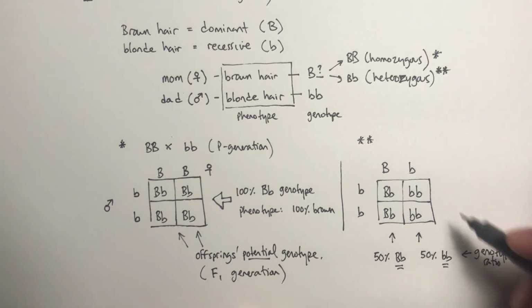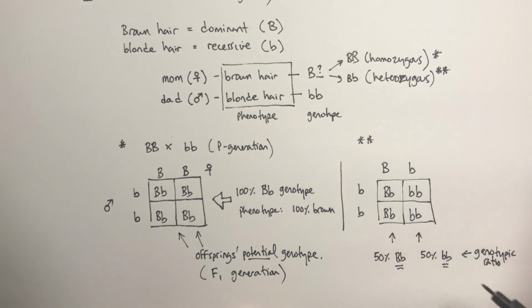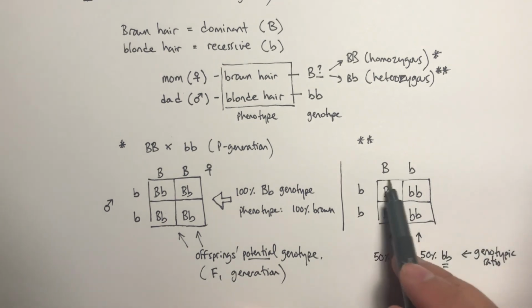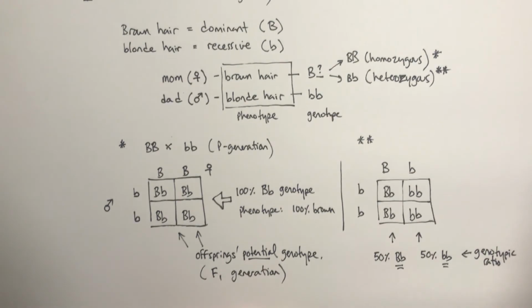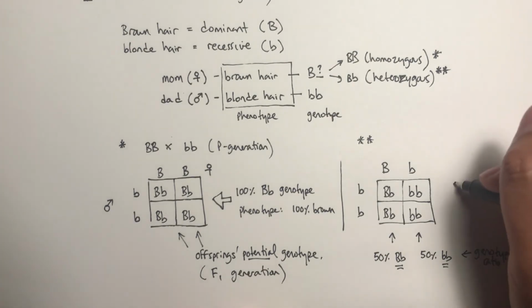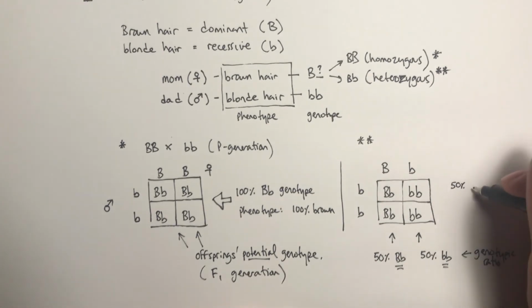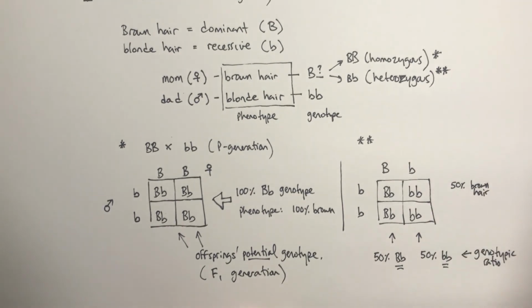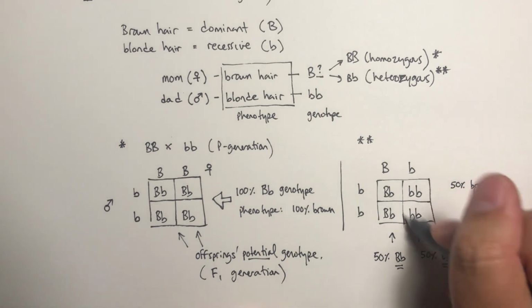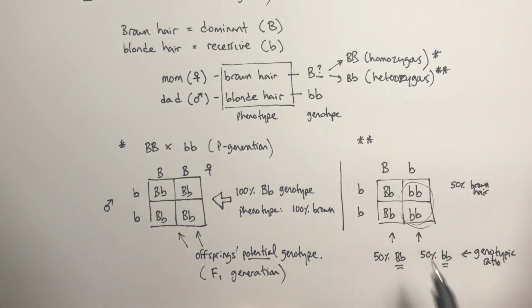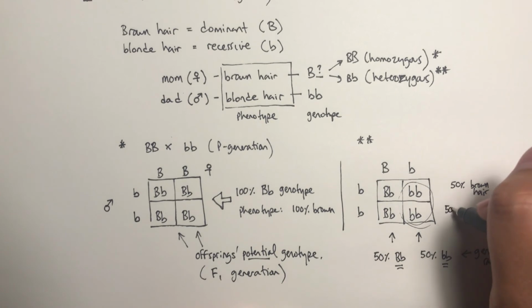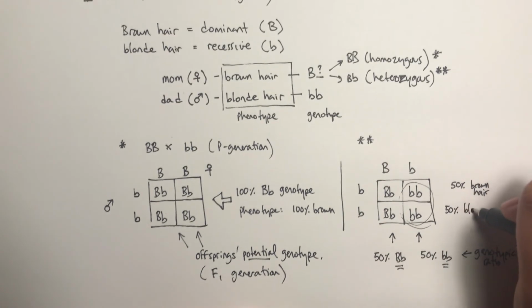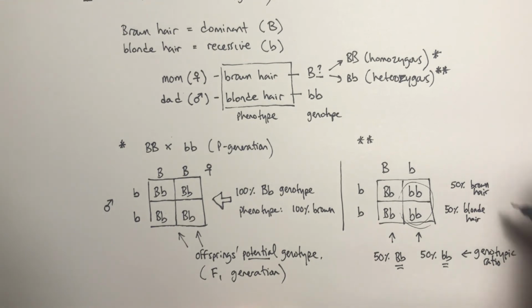When we take a look at what they look like, well, this half here have brown hair. So 50% is brown hair. And this half here is the one that's different, right? This is 50% blonde hair. This is called the phenotypic ratio.